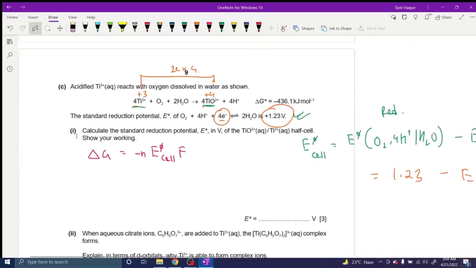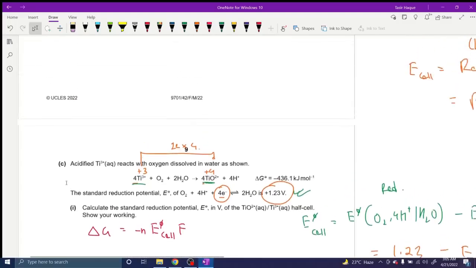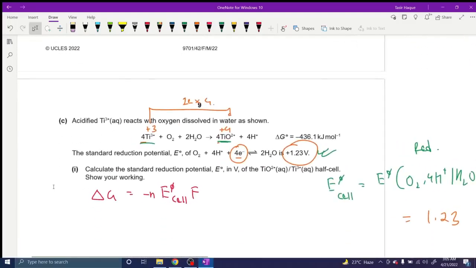Okay, so for part C, this is a new addition to the syllabus. Titanium 3+ reacts with oxygen, and it is oxidized to form TiO2+. There has been a change in the number of electrons. It has gone from +3 to +4, so 1 electron was transferred. And oxygen is reduced in the process, 4 electrons are transferred.